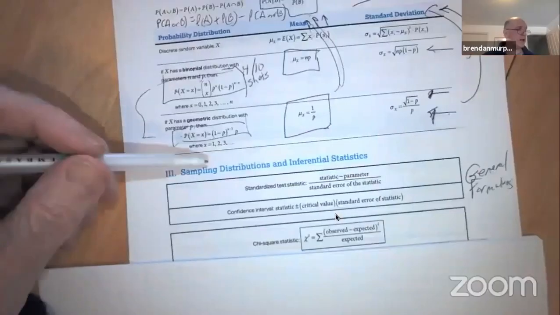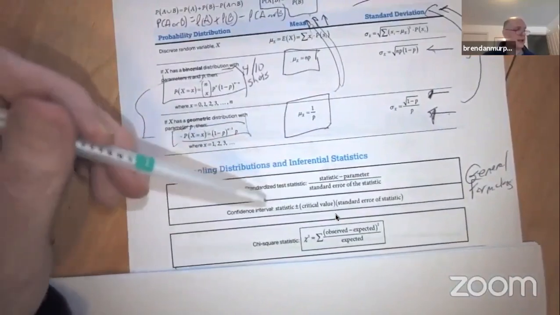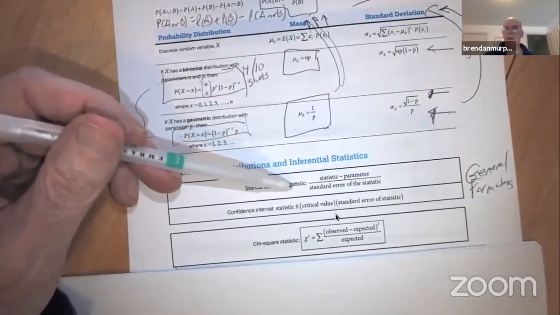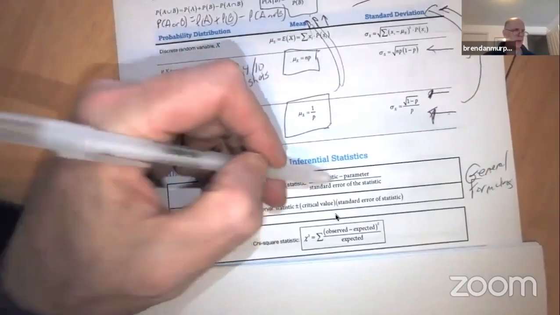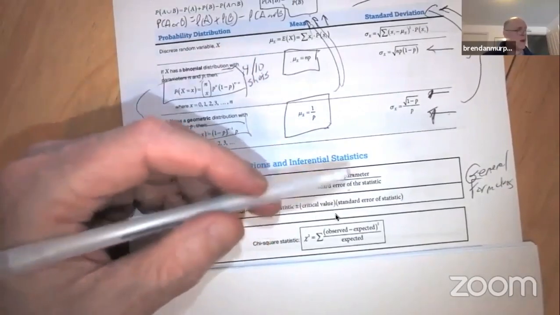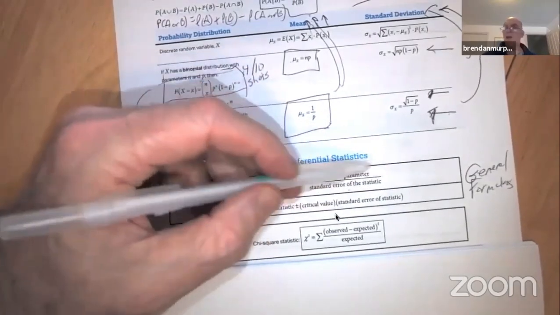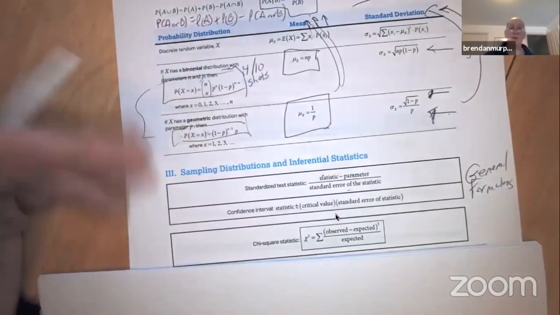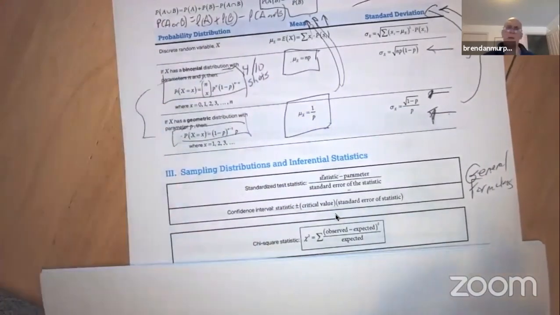And we're going to use this for sampling distributions and inference. So we take a standardized test statistic. A z-score is one of the standardized test statistics. It's some sample statistic minus some population parameter all over the standard error. So notice that all the formulas that Luke and I did, I think it was really 1 week where we did 1 sample and 2 samples, hypothesis test, confidence intervals.